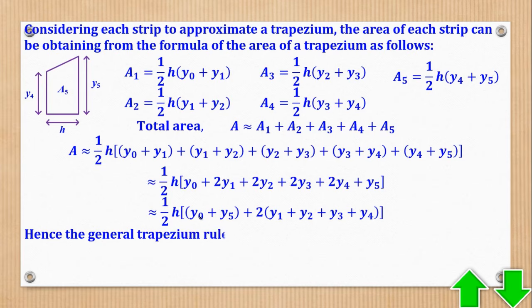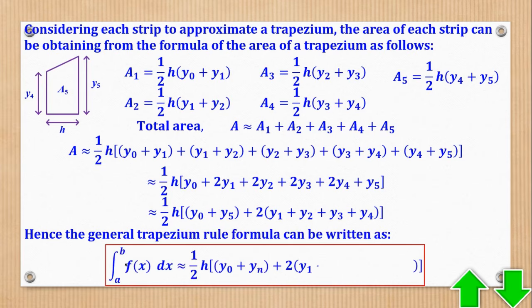Therefore, in general, the formula can be stated as follows: the approximate value of this integral or this area is given by a half h in brackets, the sum of the extreme values. These are the extreme ordinates, y0 and yn. yn is the very last, as you can see here, first ordinate, last ordinate.